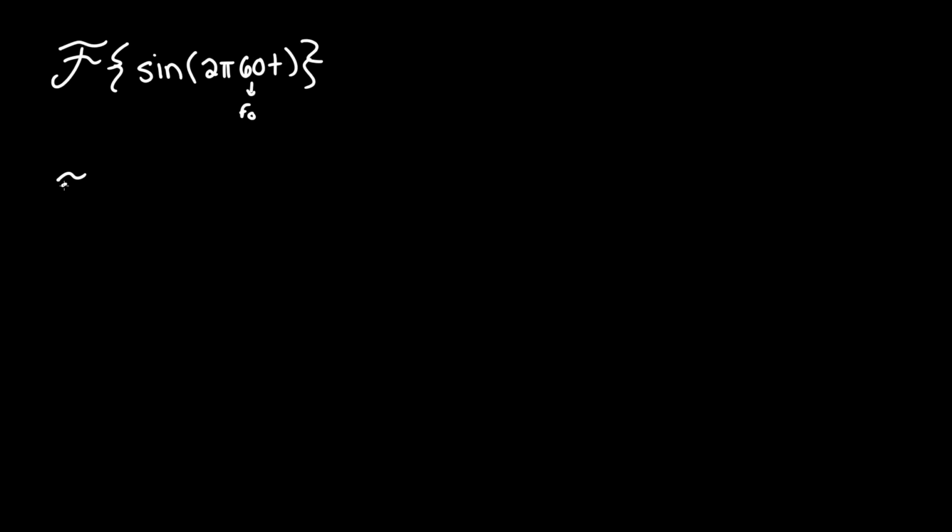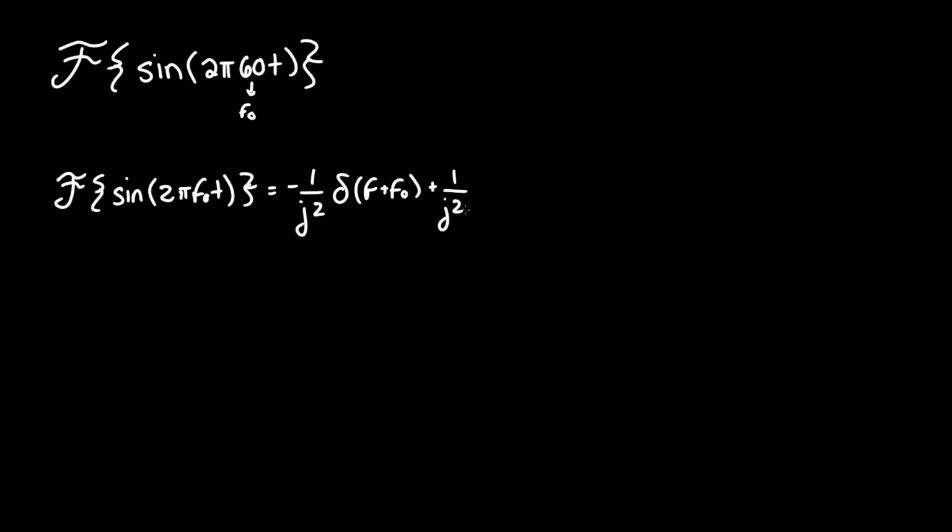From our table, we know that the Fourier transform of sine 2π f0 t, where again f0 can be any frequency, becomes -1 over j2 δ(f + f0) plus 1 over positive j2 δ(f - f0). So unlike cosine, sine is composed of purely imaginary coefficients.